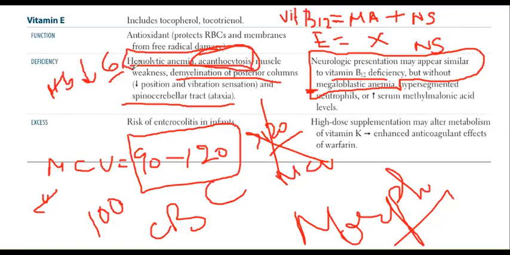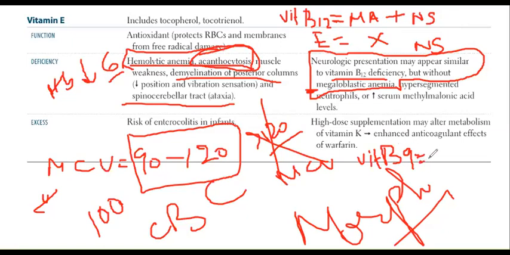So now you see how MCQs are made. This is how they make MCQs. And then another vitamin which we studied was vitamin B9, folic acid. In vitamin B9, you were seeing megaloblastic anemia, but you were not seeing neurologic symptoms. So that is the difference.